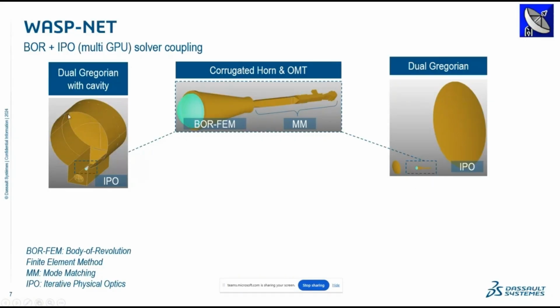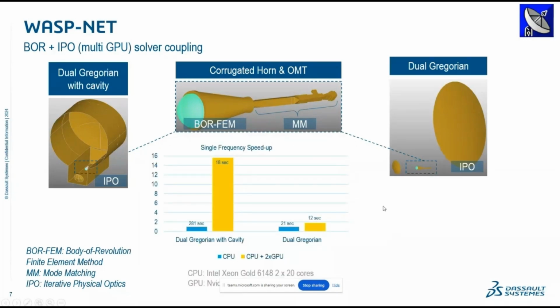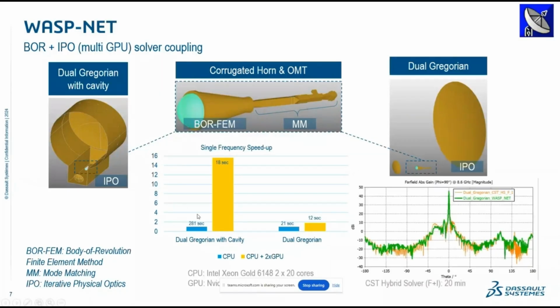As an example, this kind of Gregorian reflector system. And we are talking about solving this entire antenna reflector system in a few seconds. You can see that you could also accelerate the simulation using GPU. It could considerably reduce the simulation time.